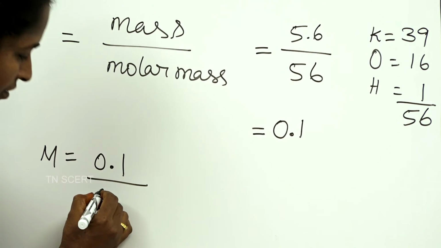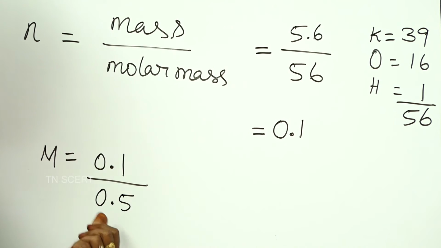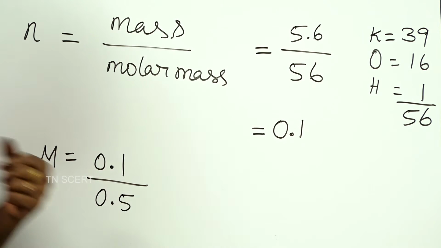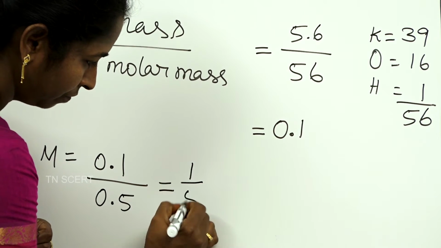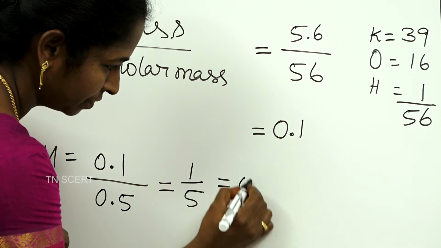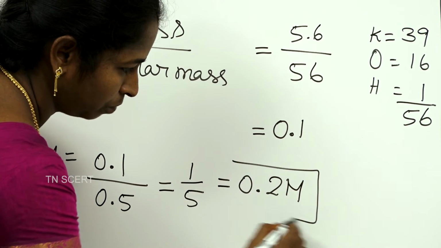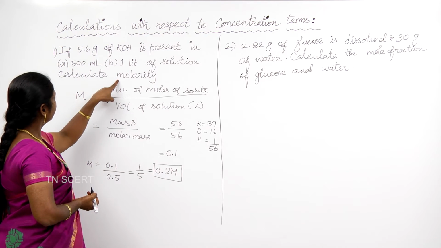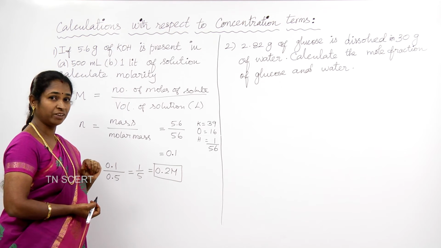So, 0.5 liter. Note here, the volume should be given in liter. So, 0.1 divided by 0.5 will give you the answer 1 by 5, that is 0.2 M. This is the molarity of 500 ml solution containing 5.6 gram of KOH.